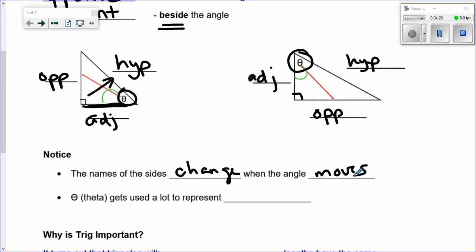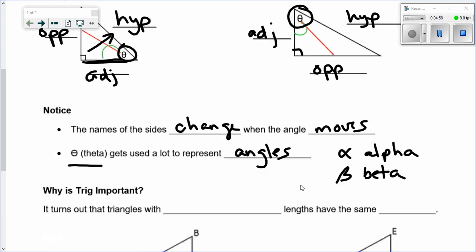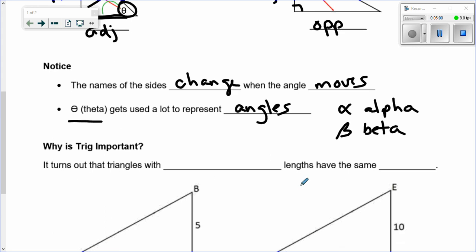Now, the other thing I want you to notice is that we use theta. We still use x. We still use the old way of marking down what sides are, angle A, B, C. But theta gets used a lot to represent angles. You're also going to see alpha and beta. I don't know why Greek letters get used for angles, but they do. You will still see X and Y.